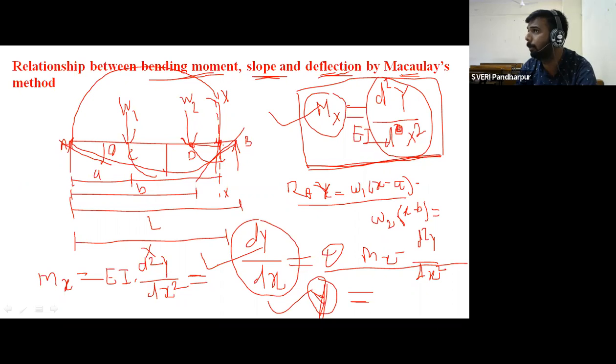You see the figure, minus what is the second, W2 into x minus b. So this is the equation.